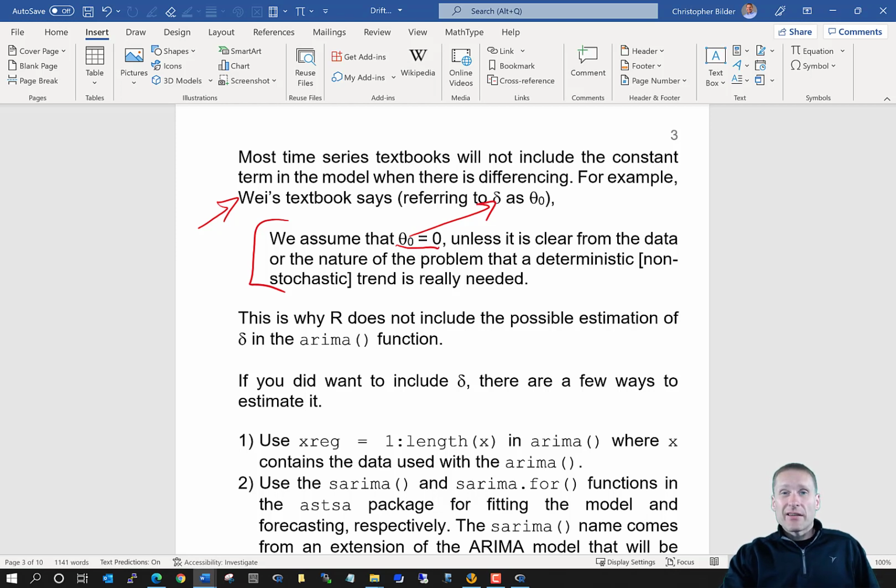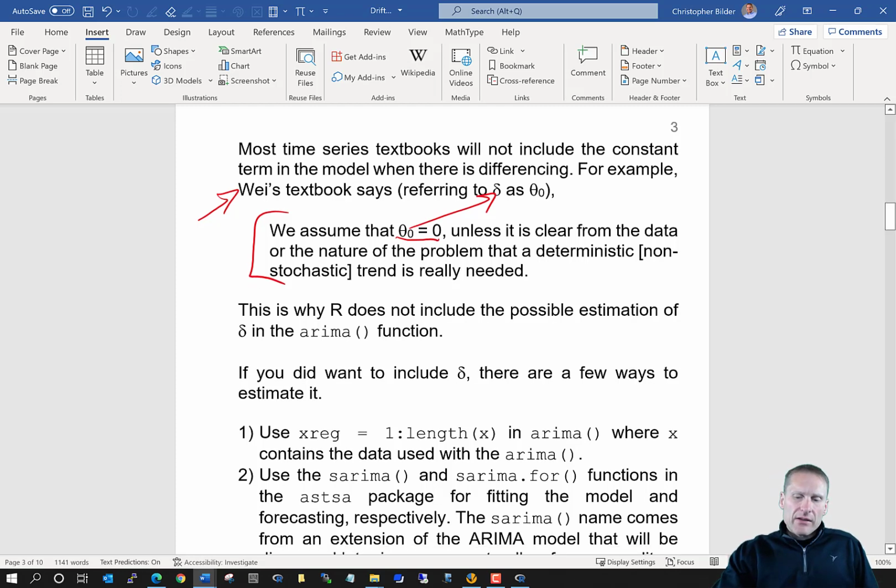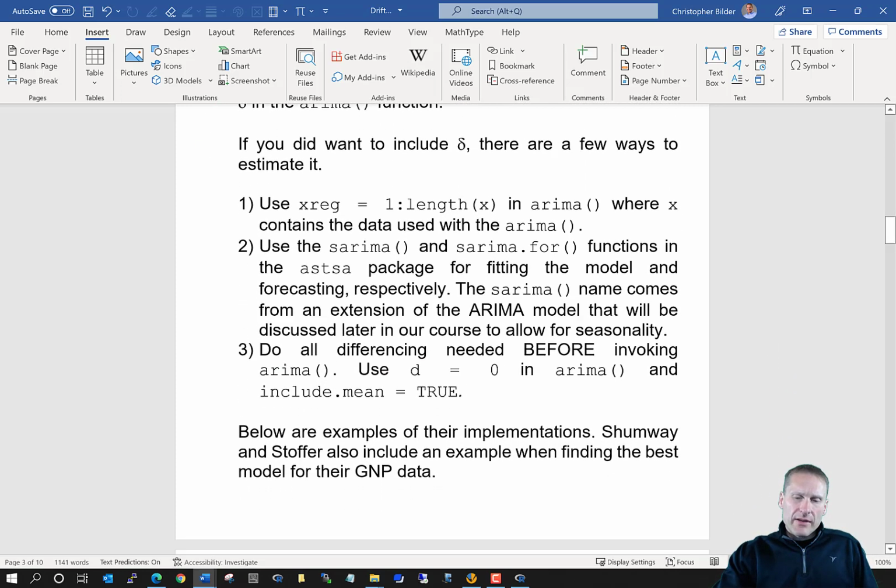And that's basically all he says about it in his book. He never really comes back to it. And so that gives you some reasoning behind why R doesn't make estimating this delta really easy.